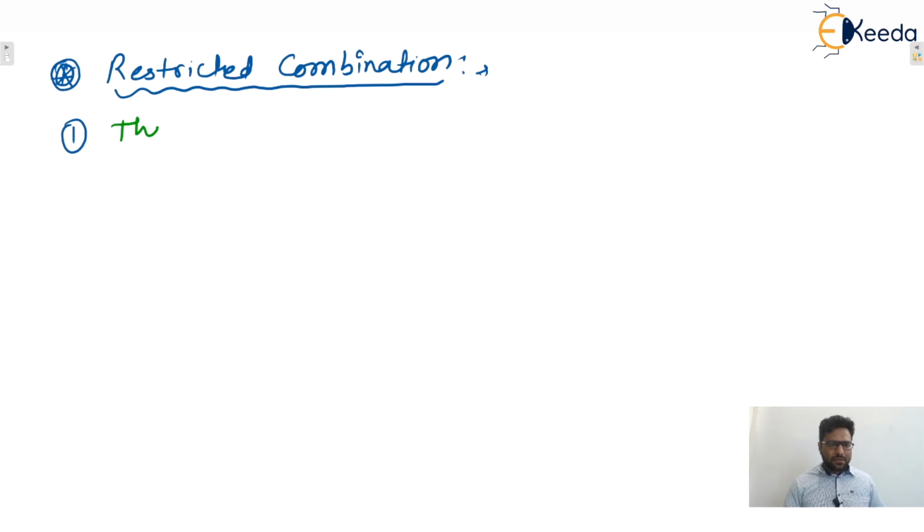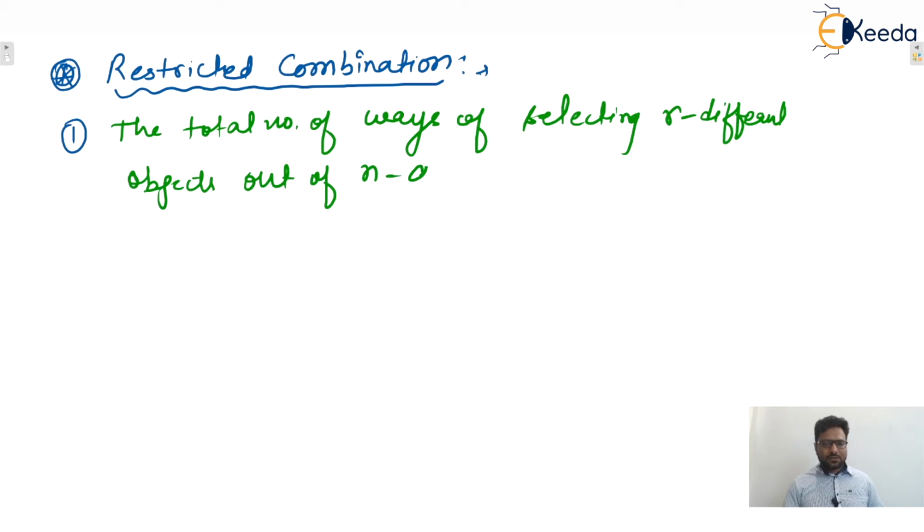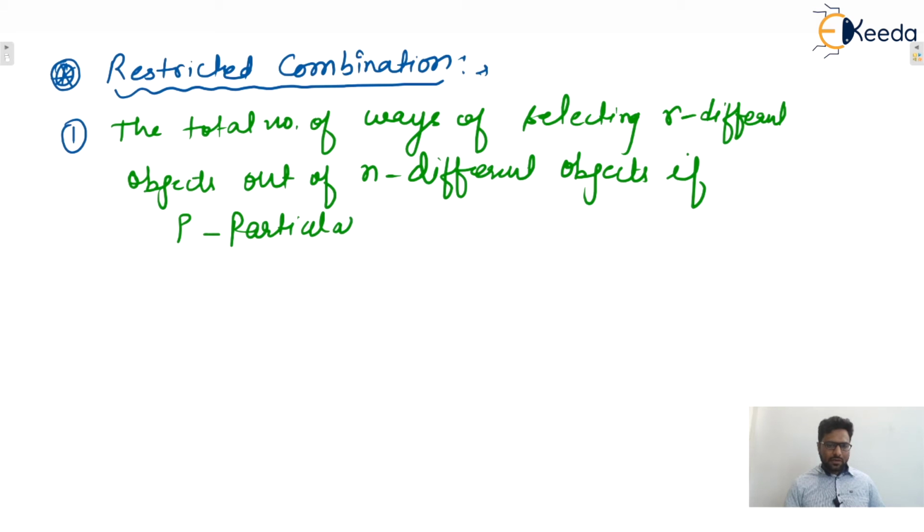The total number of ways of selecting objects, out of n different objects, if it is given that p particular objects are always included in the selection.